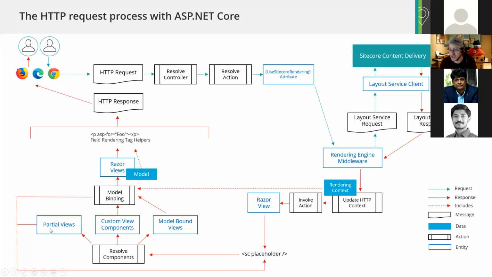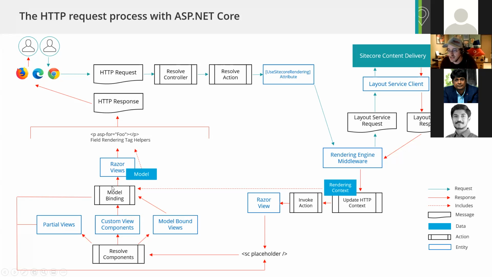And those components in ASP.NET Core could be partial views, what ASP.NET Core calls view components, which have a backing C# class for doing additional logic. And we also provide what's called model-bound views, which will probably be your most common usage. And that's basically a default view component where you can specify the model that should be available to the Razor view.